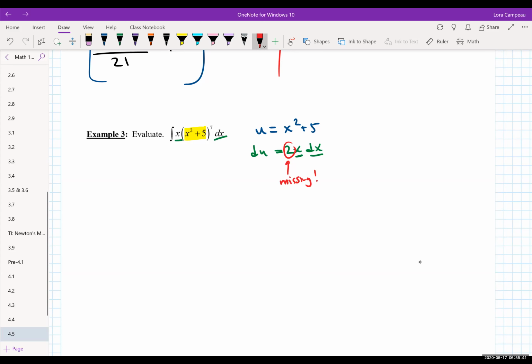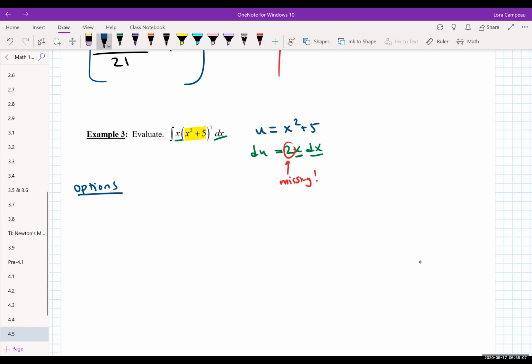When you notice you're missing a number factor, a constant factor, there are 2 ways to handle this. I'll start with the way I promote, because I think it's the first way I learned it, so it's more natural to me. But options.